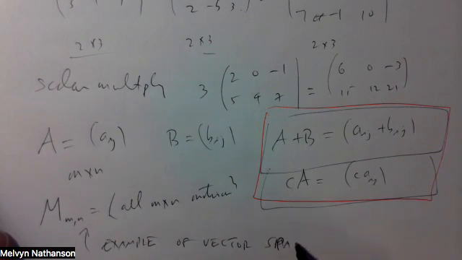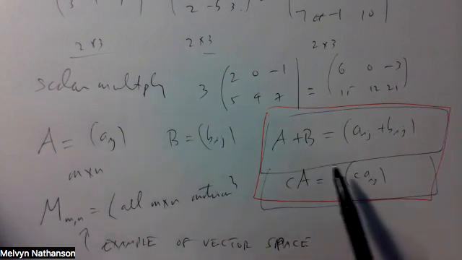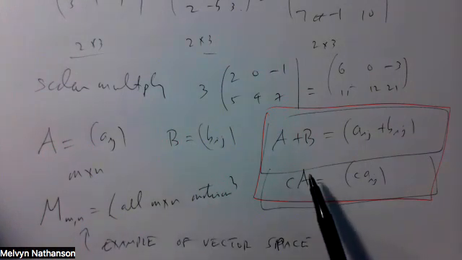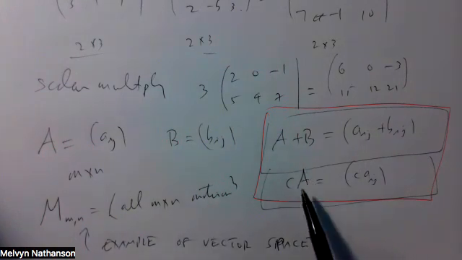So the vectors, the elements, are the m by n matrices. This is vector addition, this is scalar multiplication. And all the properties of a vector space are satisfied. Okay? Any questions about that?